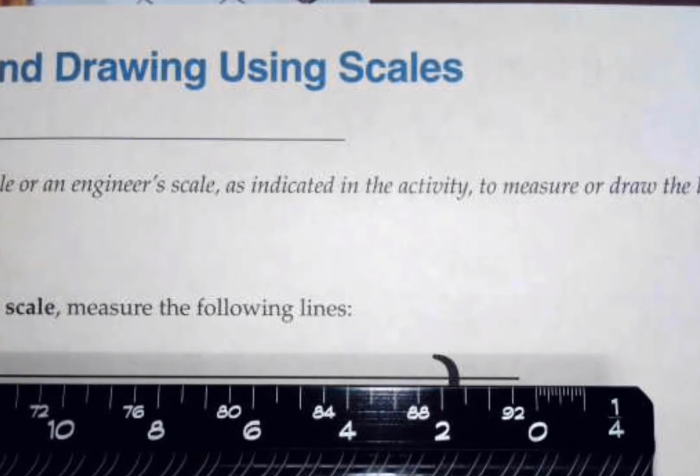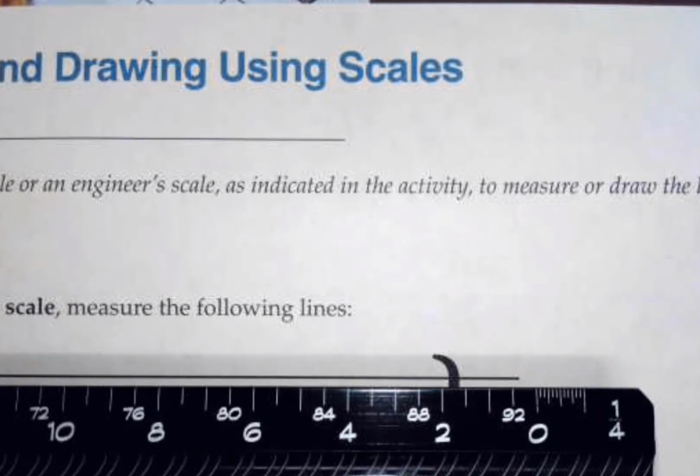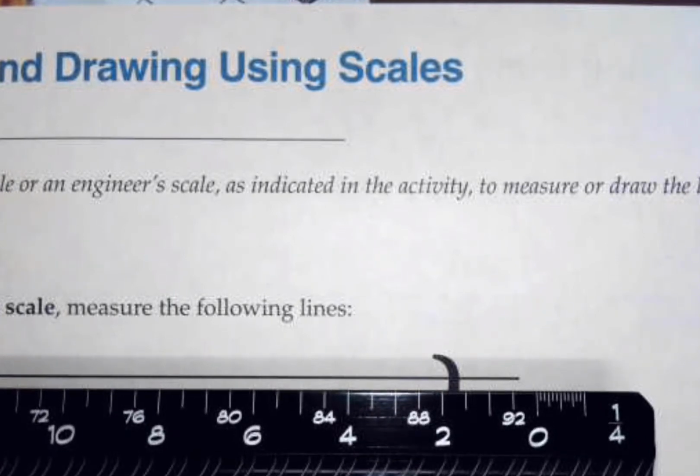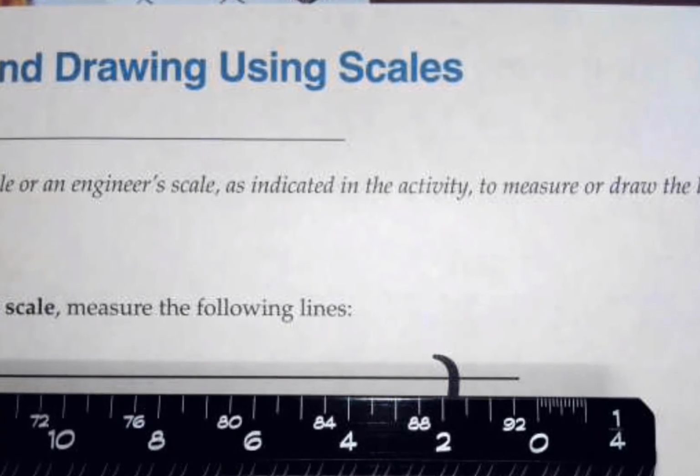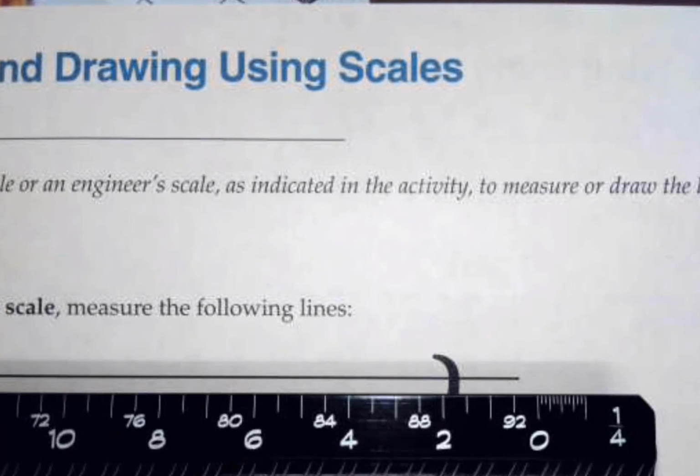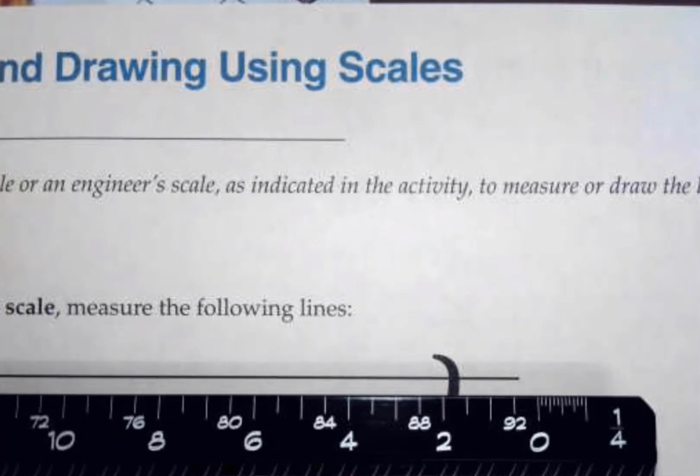If I have a property boundary and it's 500 feet 1 inch, it doesn't make that big of a difference in the overall grand scheme of things. However, if I have a kitchen cabinet design and I'm off by an inch, that means that cabinet probably isn't going to fit into its specified area. So our architectural scale is more precise and more detailed than our engineer scale.